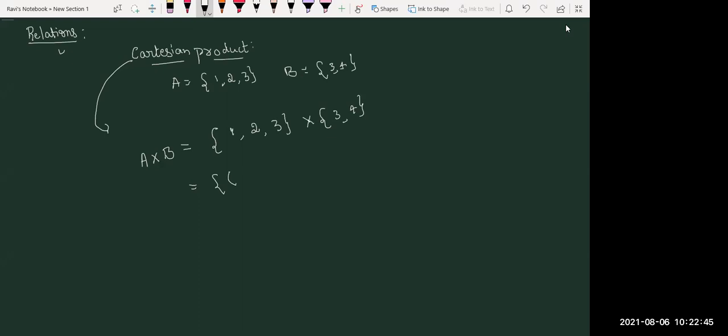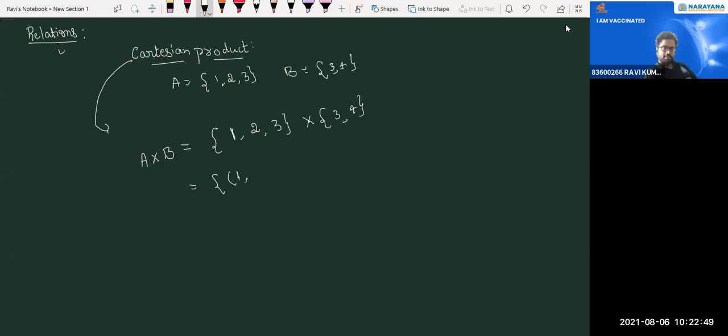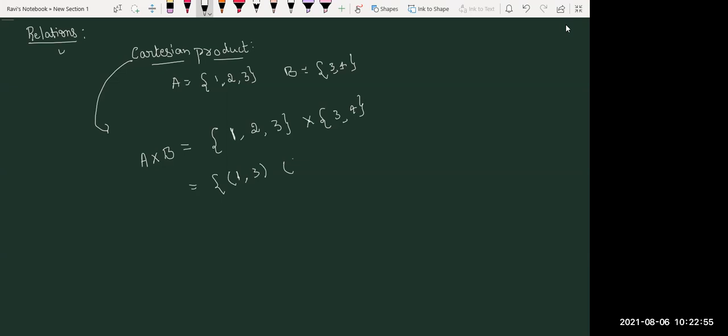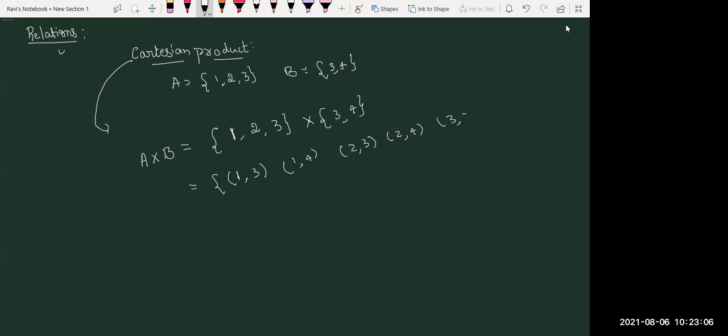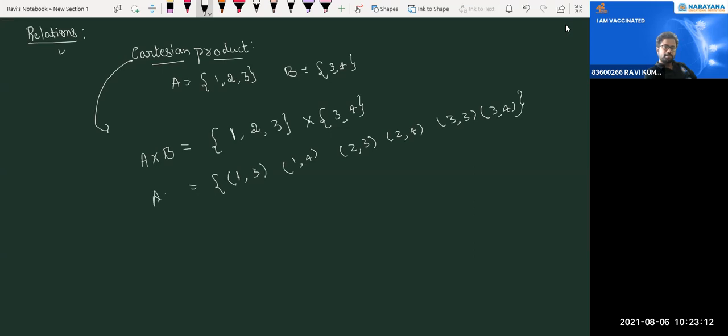I will take one element from A, one element from B. (1, 3), (1, 4), (2, 3), (2, 4), (3, 3), (3, 4). This is called a Cartesian product.